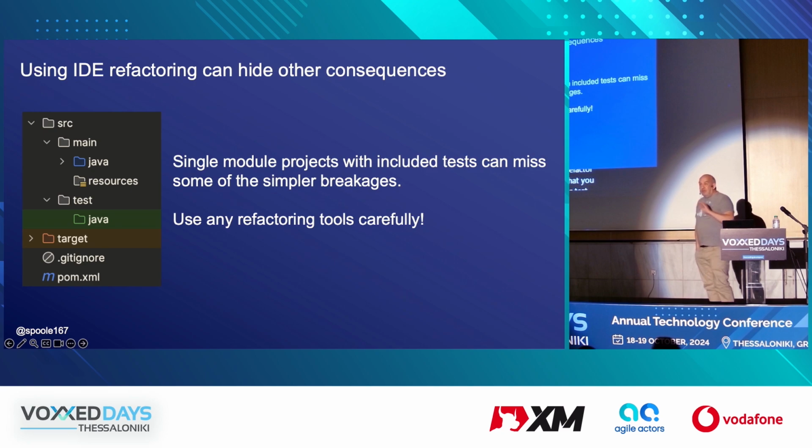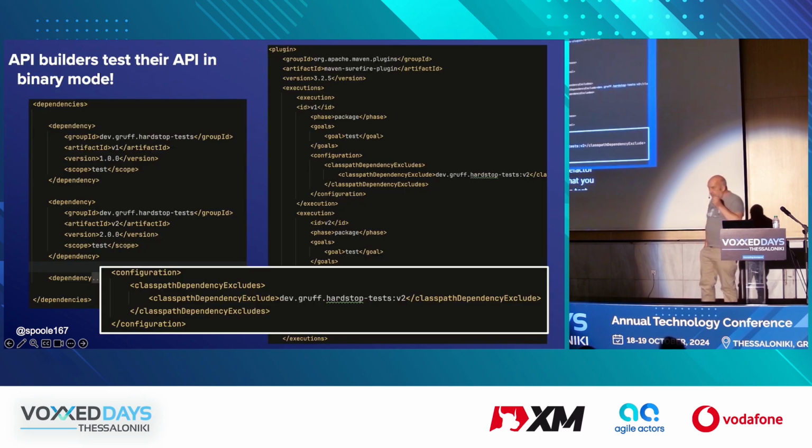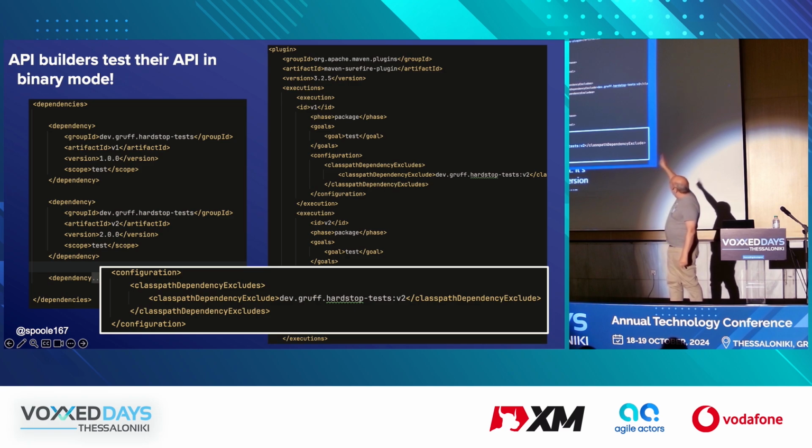And you can work around this easily. If you're a Maven user, I suspect this works for Gradle too, but I've not used it. It's actually very simple to have version 1 and version 2 around, following the right paths. That wonderful piece of XML on the left is the test plugin, but you have this thing called class path dependency excludes.